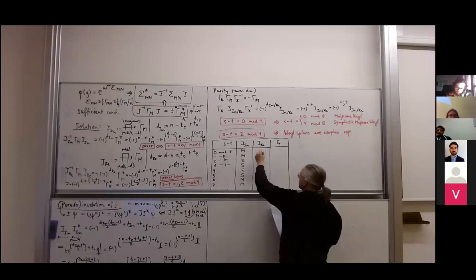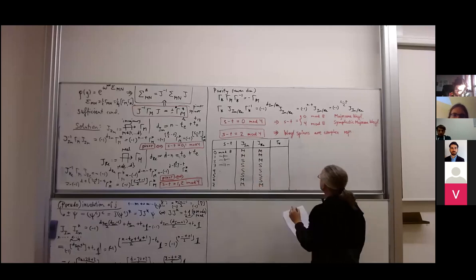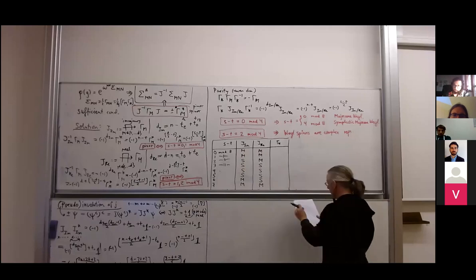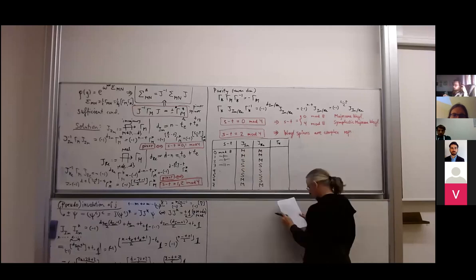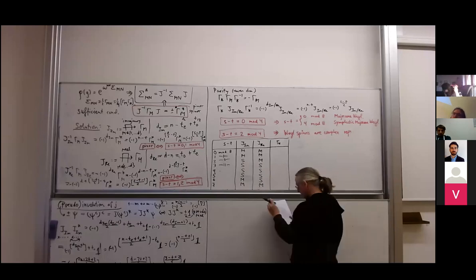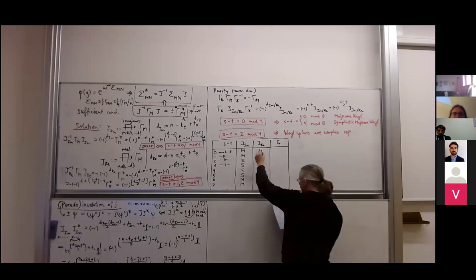So we get M, M, M, S, S, S, S, M. And in the real cases, this M and S, of course, stands for Majorana or symplectic Majorana. And then let me put in parentheses when it's not a Pin representation.